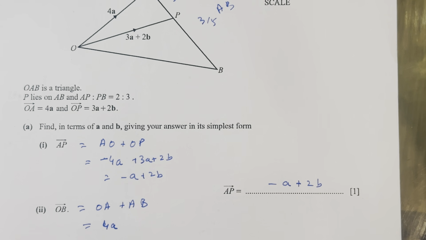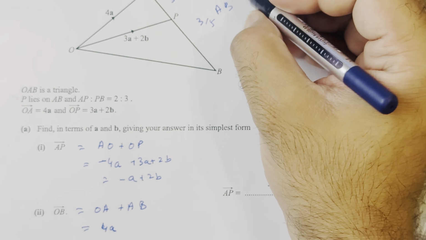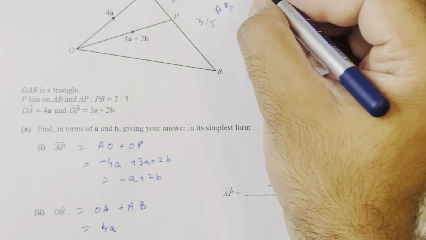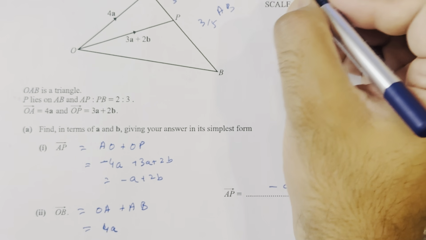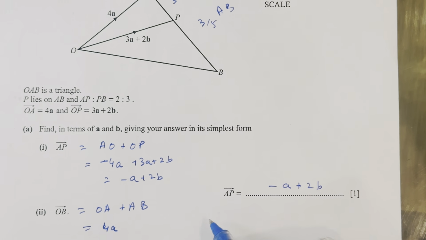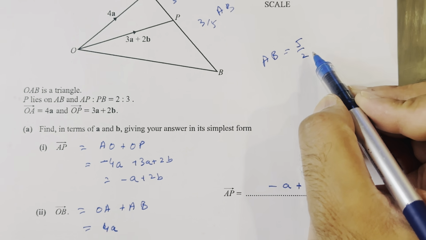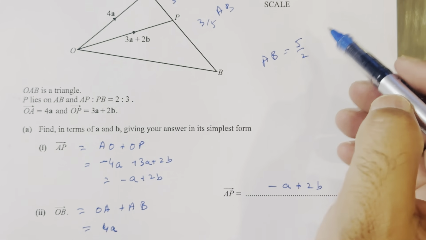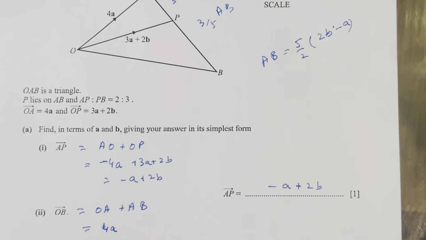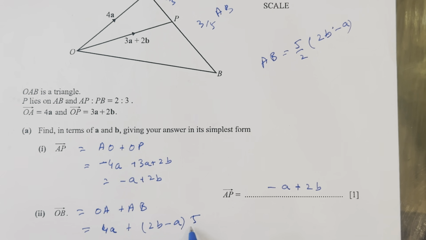We have calculated AP, which was 2B minus A. So AB would be 5 by 2, because 2 by 5 in the whole is 5 by 2, and this would be multiplied by 2B minus A. So we're going to write over here 2B minus A times 5 over 2.